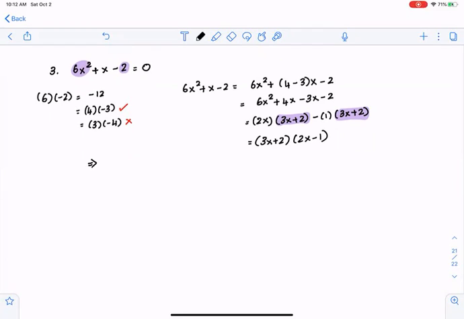Which would mean the given expression can be written as 3x plus 2 times 2x minus 1 equals 0.